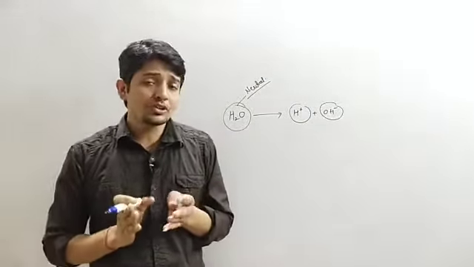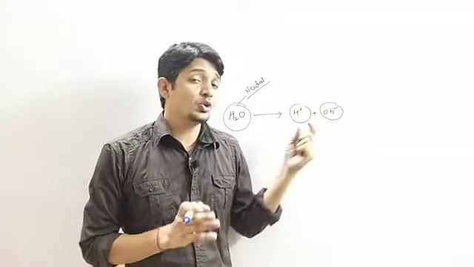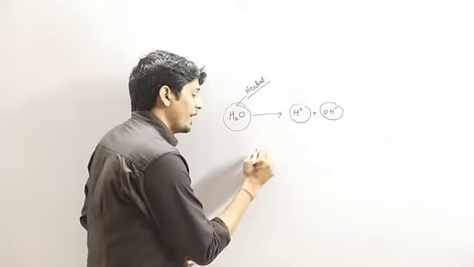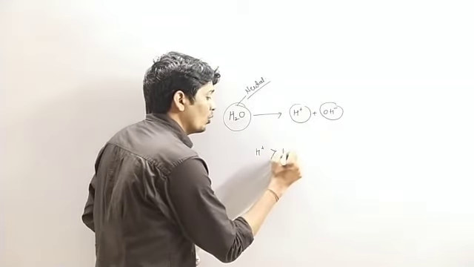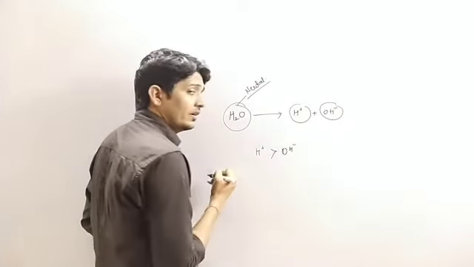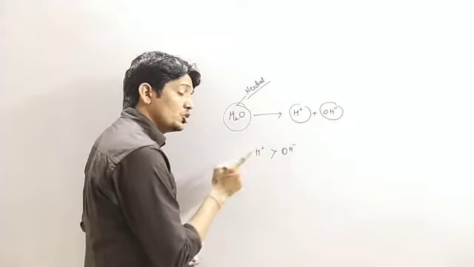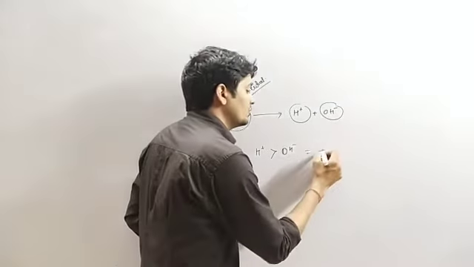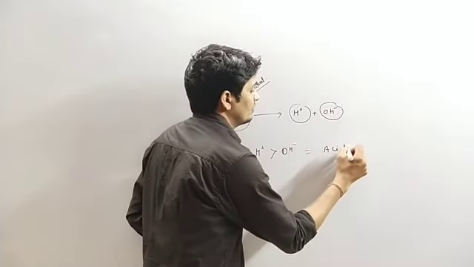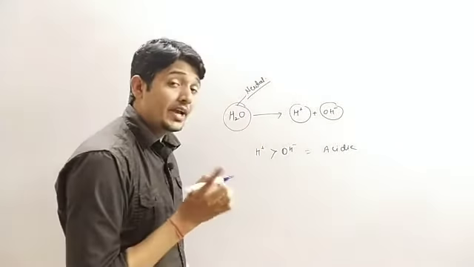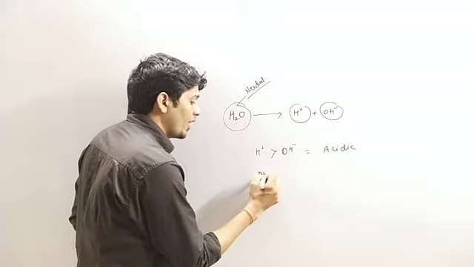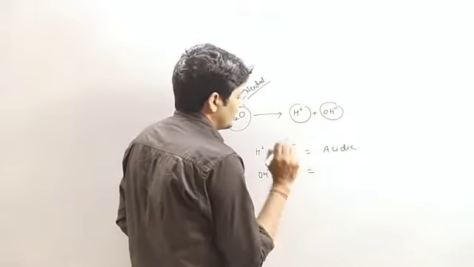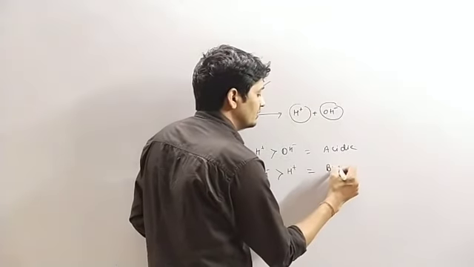If the proportion of OH and H positive ion changes, let's say H positive ions are more than OH negative ions, meaning hydrogen positive ions are more and OH negative ions are fewer, then the substance will be acidic. If OH negative ion is greater than H positive ion, then the substance will be basic.